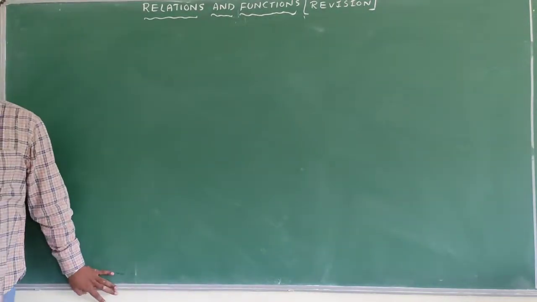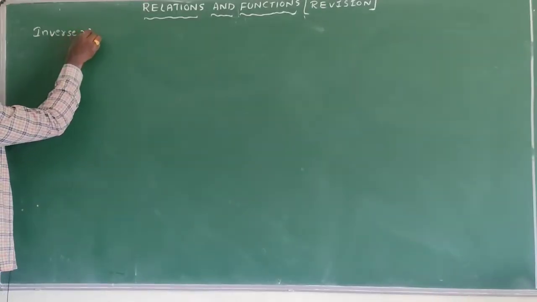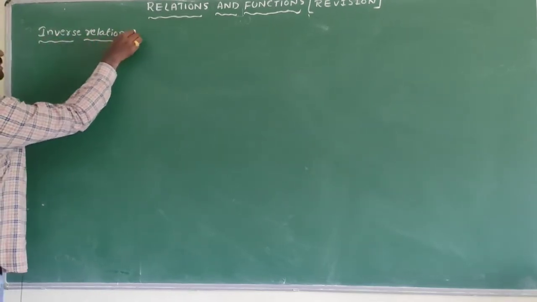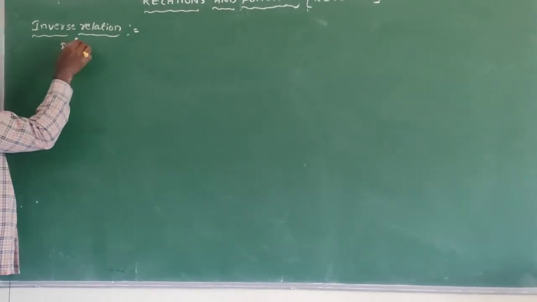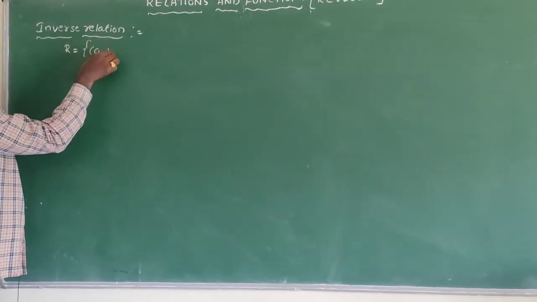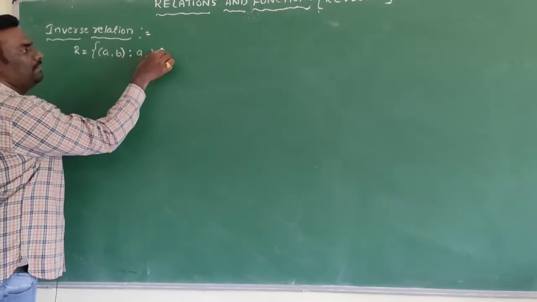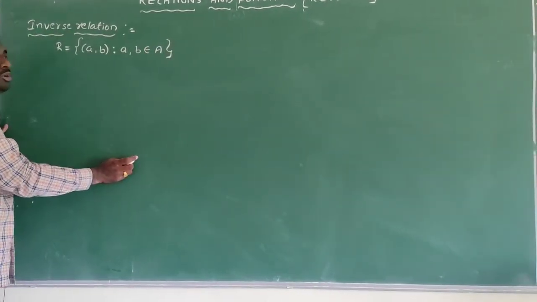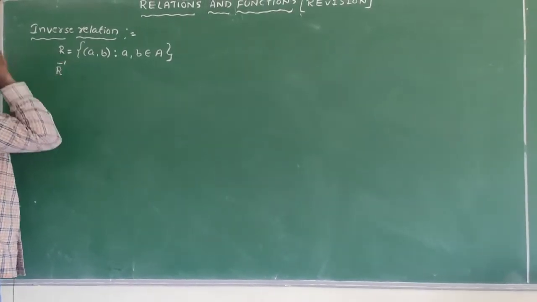Okay, next. So we have inverse relation. What is meant by inverse relation? Generally, a relation can be written as R equals {(A, B) such that A, B belong to the given set}. Then how to write the inverse relation? It can be denoted as R power minus 1.